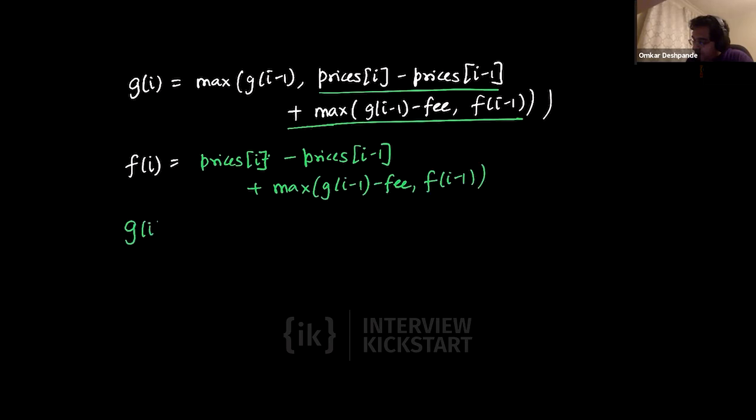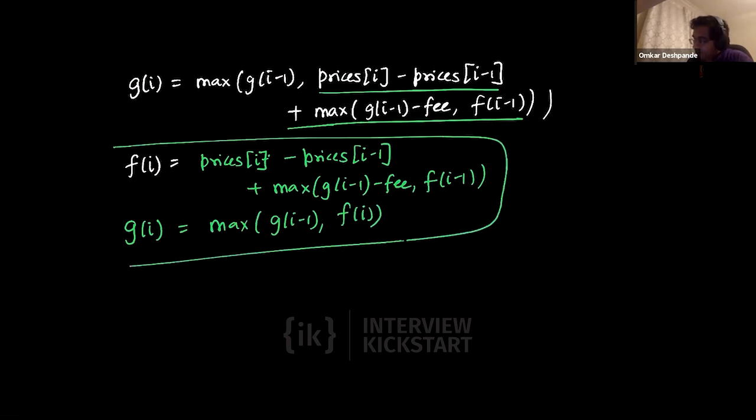And then we can write g of I in a simpler way as just max of g of I minus 1 and f of I. These are the two recurrences we will work with.